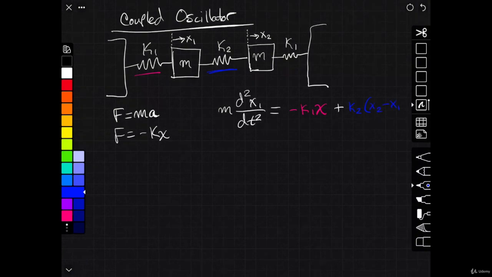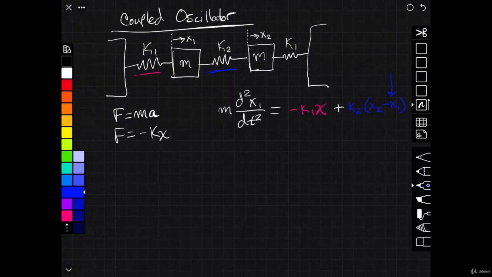Clearly, as you have displacement toward the right, you have a restoring force in the negative direction. This is the reason why we have this minus x1 here, because we have displacement in the negative direction.